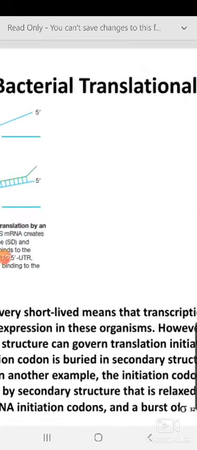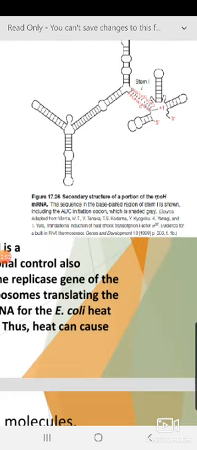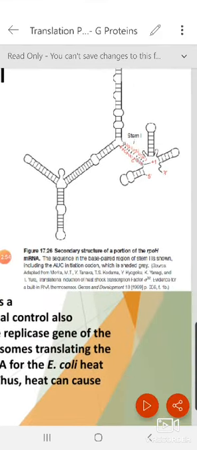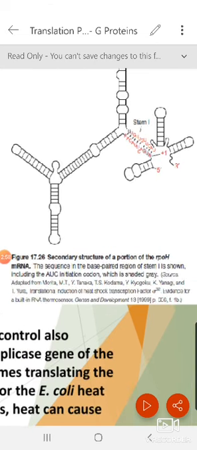Now see another feature of secondary structure and how it regulates translation. This is the gene RPOH. It codes for sigma 32, a heat shock sigma factor. If E. coli experiences a temperature rise to 42, the normal sigma factor doesn't work.